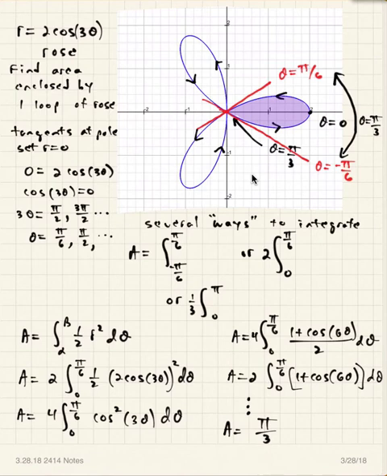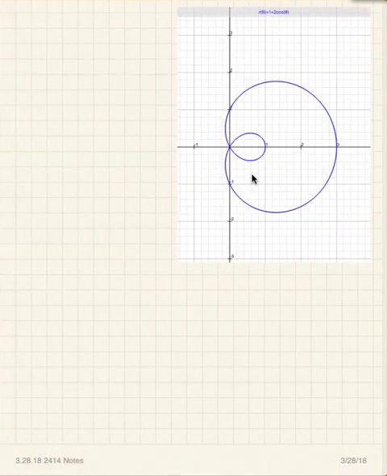All right, the next problem I want to look at. Let's look at this cardioid. Let's look at the area. This is the cardioid, r is equal to 1 plus 2 cosine theta.